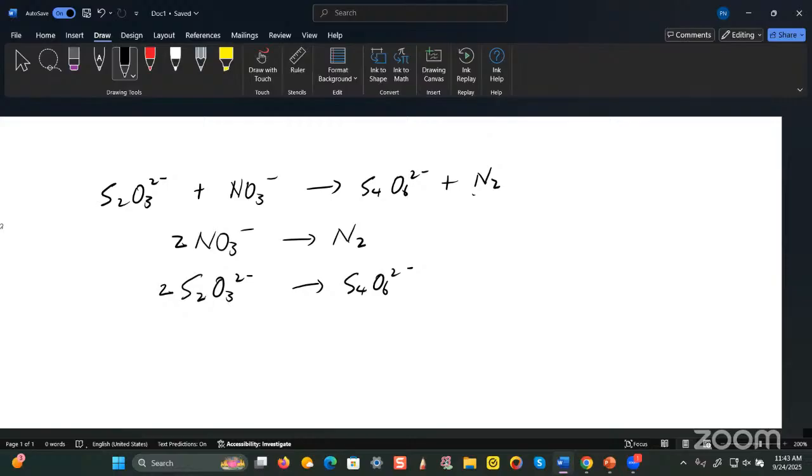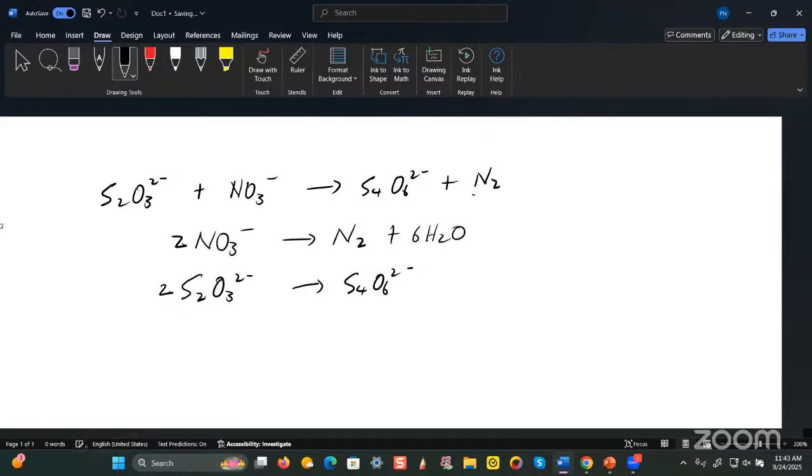After balancing all atoms excepting oxygen and hydrogen, the 2NO3 to N2 needs to add H2O to balance the oxygen. Okay, very good, right. So in the case of the first half equation, to which side would you add the H2O and how many would you add? 6 H2O to the side with N2. Exactly. So we add 6 H2O to the right.